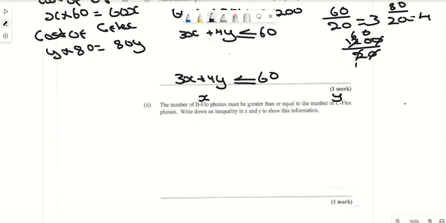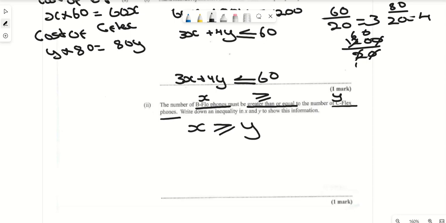They said B-Flow phones must be greater than, so X must be greater than or equal to Y, which is the symbol that looks like a 7 with an equal sign underneath. So it is X is more than or equal to Y, and that would be your answer.